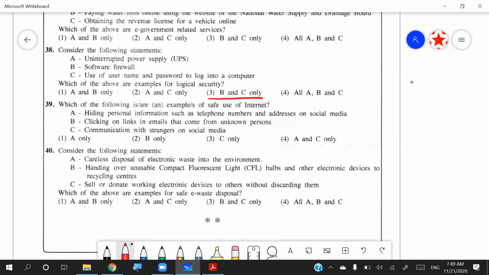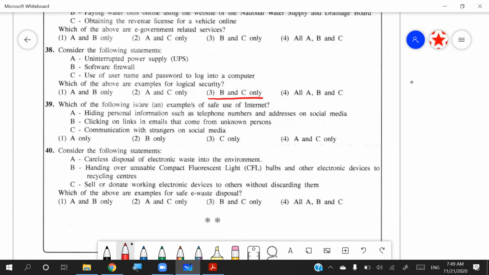If it is rejecting it, that data cannot enter the computer, right? And the username and the password, again a logical security way, which is known only by us. So we can give security to the computer by using a username and password, right?